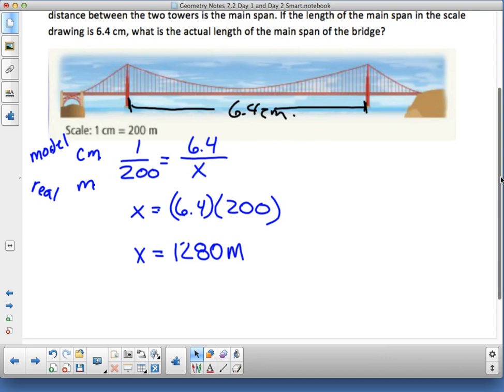Here's the deal. 1,280 meters is between the two spans. Does that make sense? I also want to talk about the fact that there are other ways to do some problems that we do. The purpose of today is to talk about the use of proportions and ratios in working with problems.